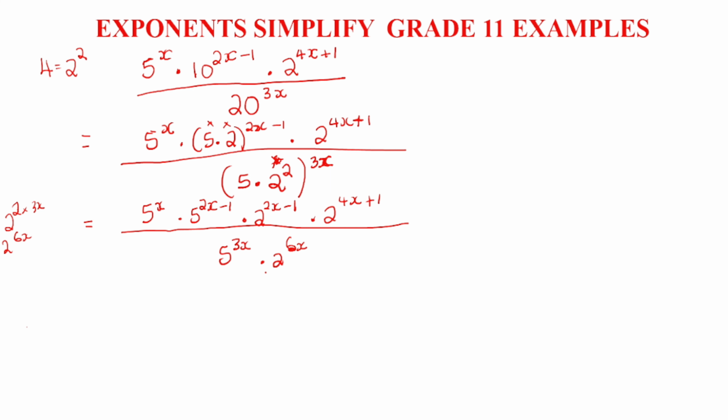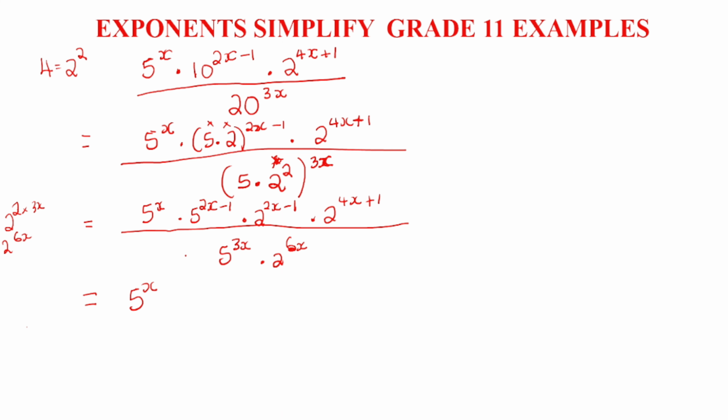Great stuff. So you can see at the top you've got 5 to the power of something, 2 to the power of something, and here you've got 5 also to the power of something. So you've got 2's and 5's at the top and bottom. Now you can apply the first rule we did: if the bases are the same and you are multiplying, you add the exponents.